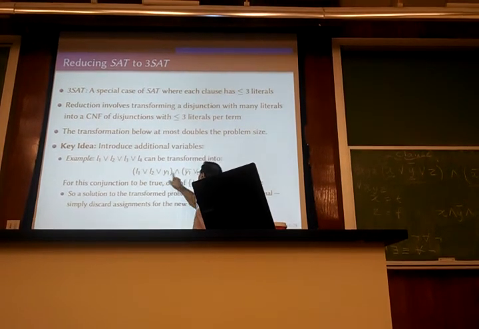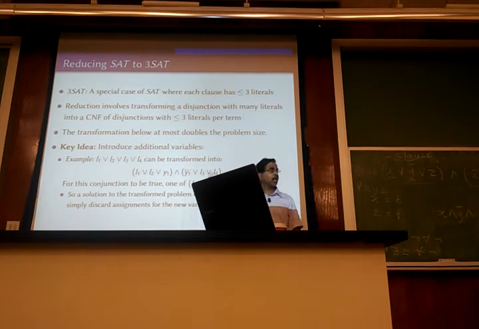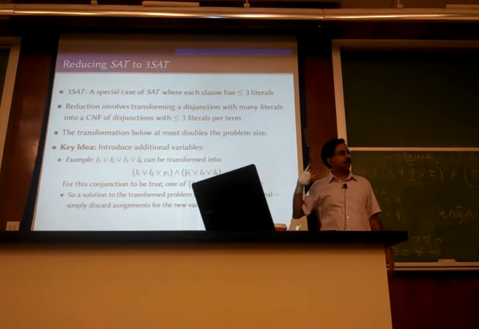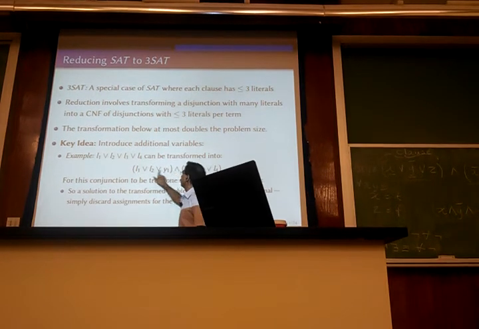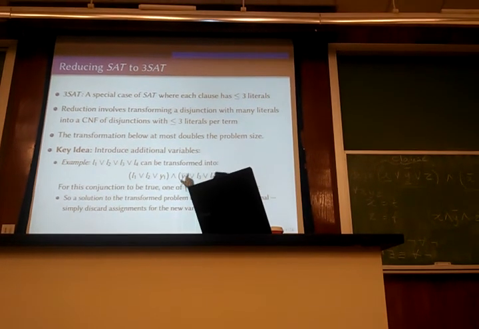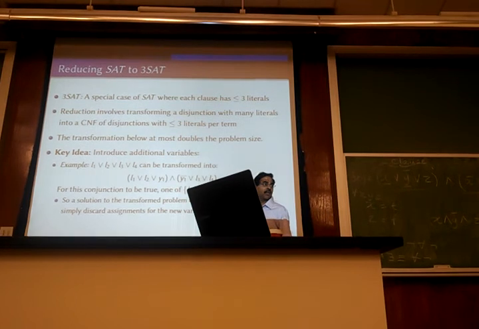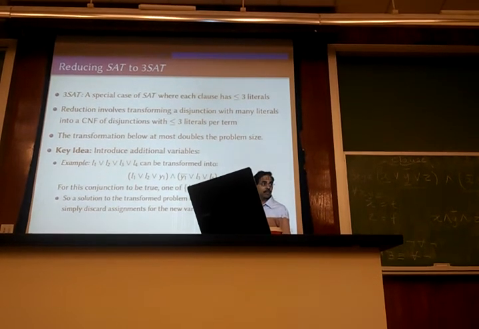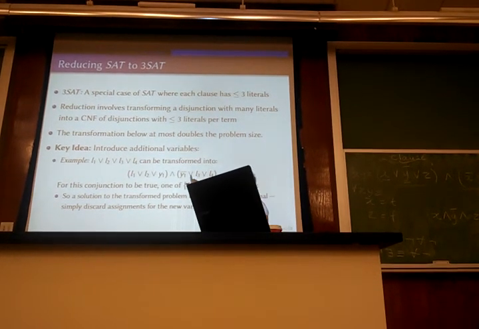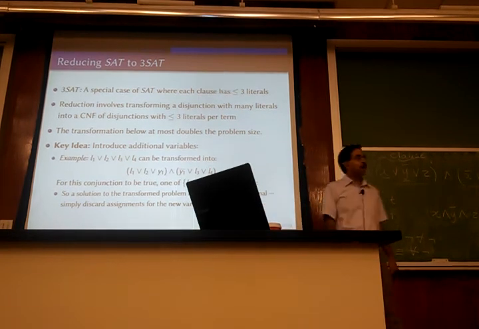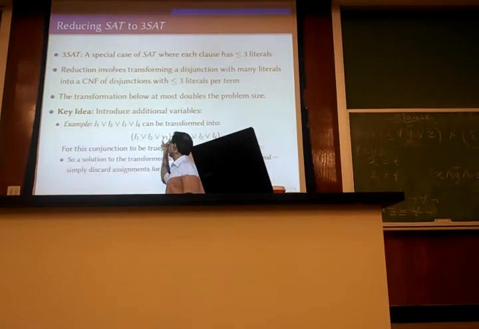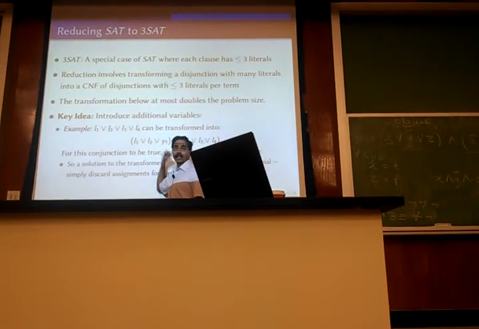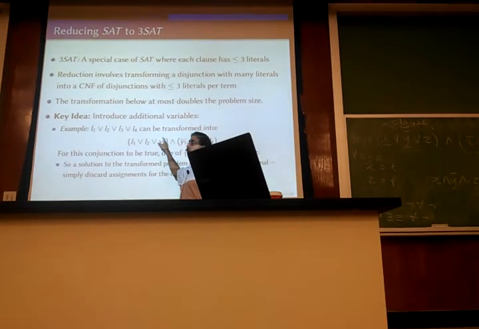If you want to make each of them true, you are not going to be able to do that by setting y1 to true or y1 to false. Because if you set y1 to true, then this will be true and this will be false. Therefore, either L3 or L4 would have to be true. On the other hand, if you set y1 to be false, then this whole thing will be true. But in order for this to be true, either L1 or L2 have to be true because y1 is false.